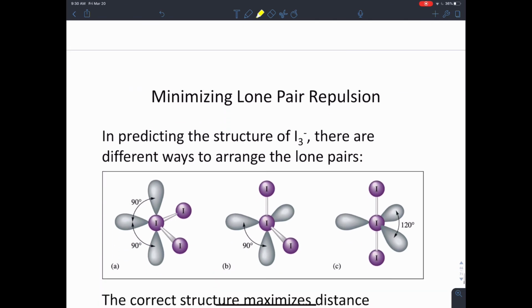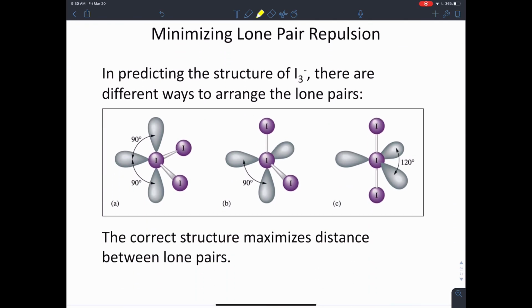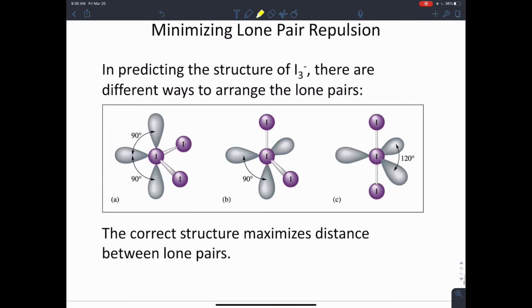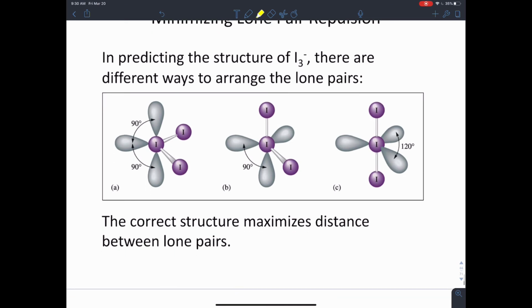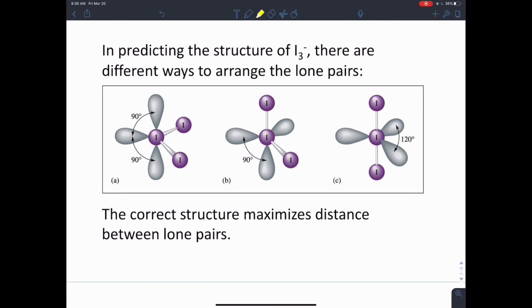Now, how can we kind of deal with that? We want to try to minimize the repulsion. Remember, that was part of the steps in predicting our proper VSEPR model. So in predicting the structure of I3 here, there are different ways to arrange the lone pairs, right?